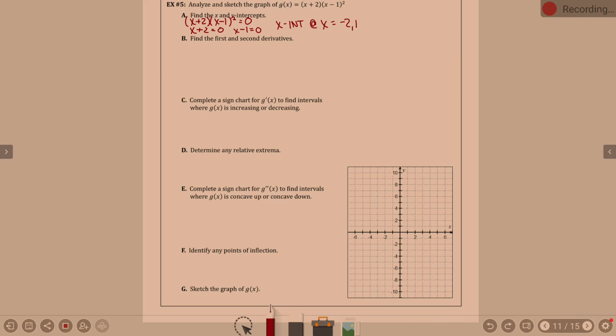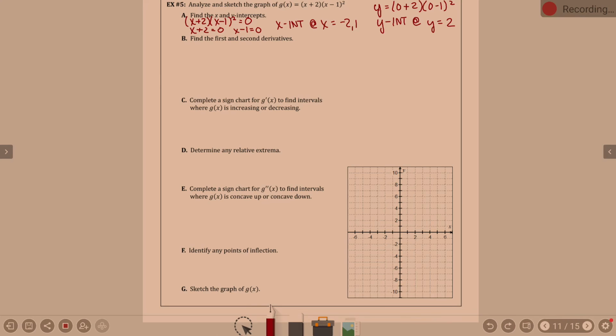Okay, where do y-intercepts happen? Y-intercepts are going to happen when x equals 0. So if we look at that one, that's putting 0 plus 2, 0 minus 1 quantity squared. And so we're going to have a y-intercept at 2.